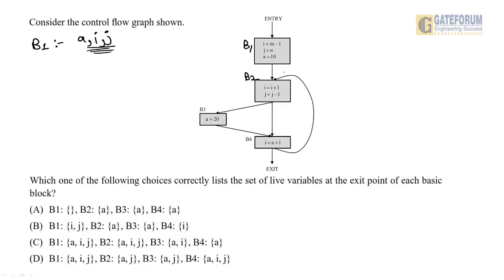Now see, for the B2, let's see. So for block B2 what we can say, there is two paths, either B3, B4, or we can directly go to the B4 and then exit. Let's see, if we are going to B2, B3, B4, this path.